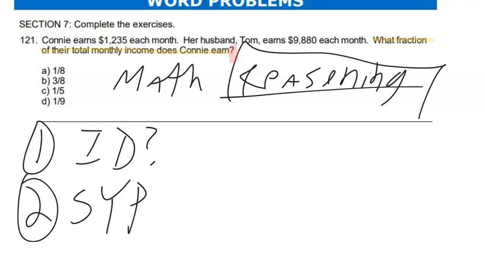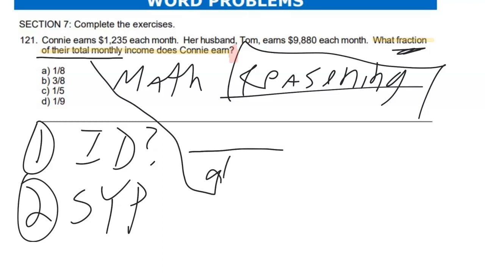So the question is, what fraction? When you see that word fraction, you draw the fraction bar because it's asking you about a fraction. And it says of their total monthly income. That portion goes on the bottom, because that's what they're asking the fraction about. So what fraction of their total monthly income does Connie earn? And so Connie goes here on top.